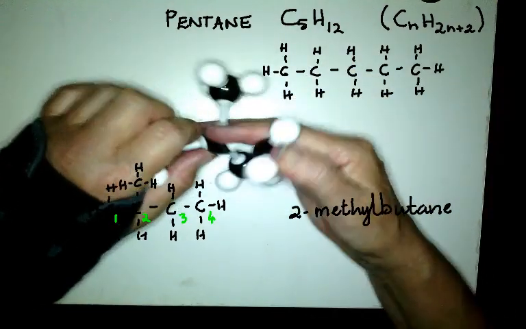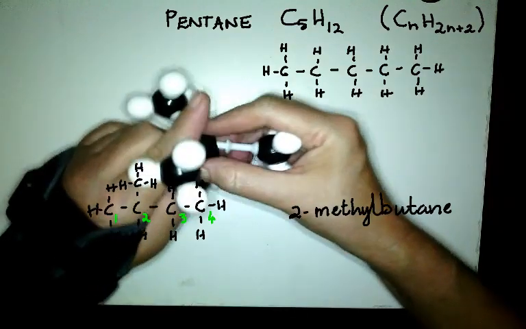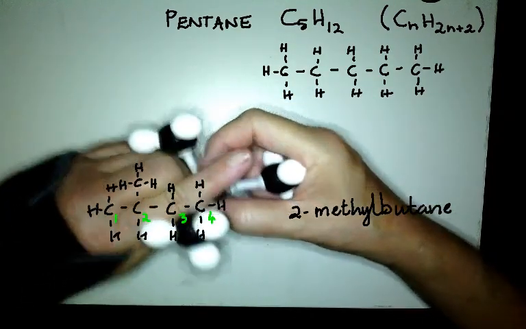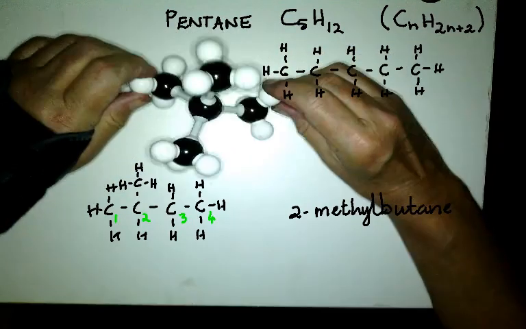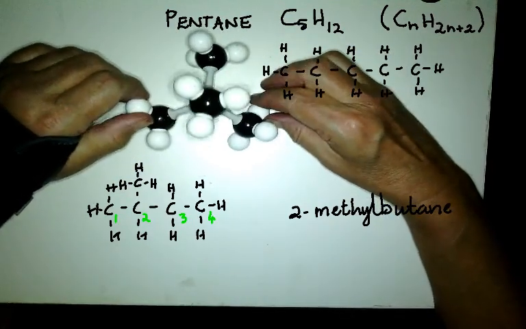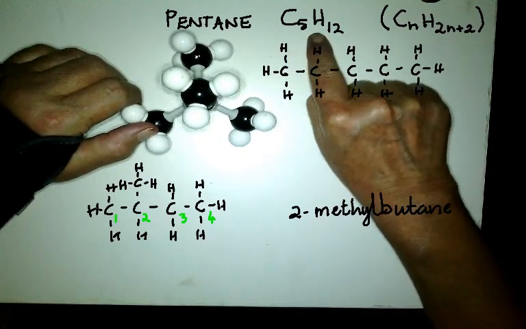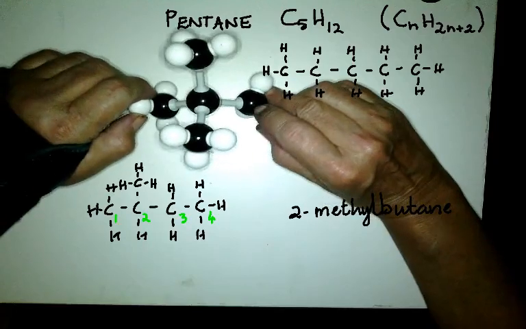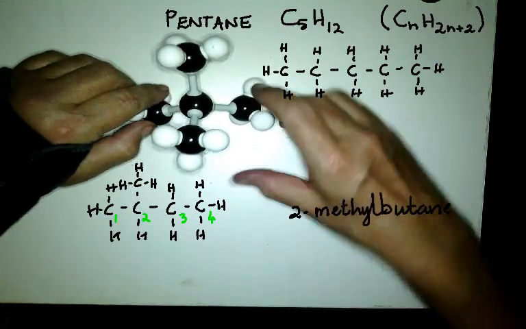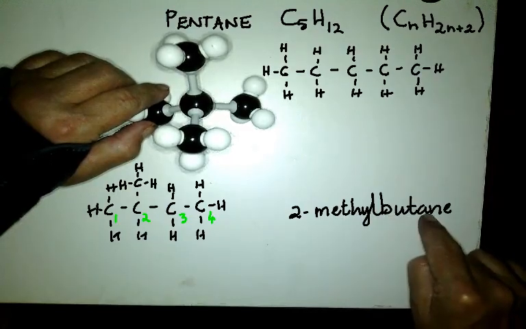I've lost nothing, thrown no atoms away, but now the molecule is even rounder. It's still got the general formula C5H12, but this molecule has a shorter chain than the 2-methylbutane, so its physical properties will be different.